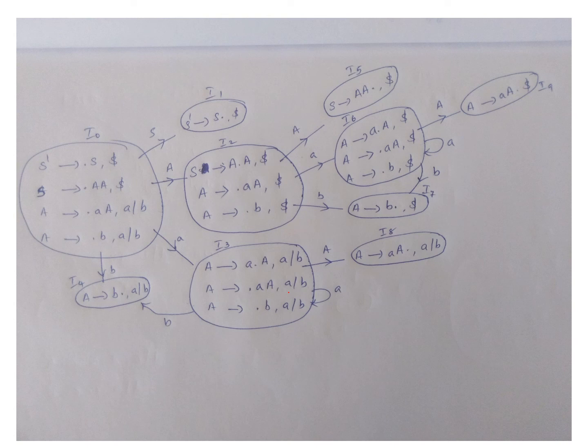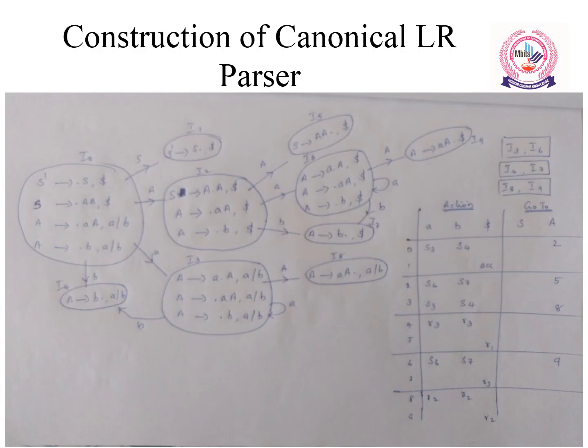The rows in the parse table will be the different states, numbered from 0 to 9. This is the table we are getting, with the action table and the goto table.